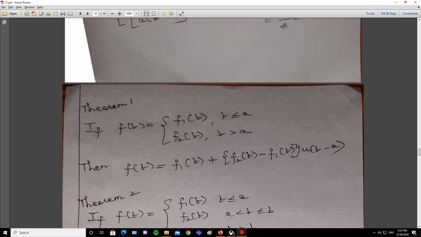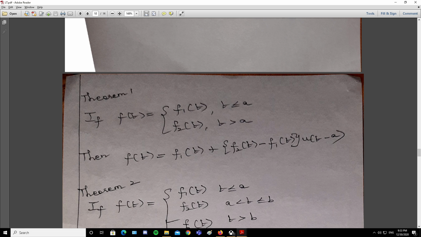Now next we have two theorems. If f of t is defined in two subintervals, f1 of t for t less than or equal to a, and f2 of t for t greater than a, then f of t can be expressed as f1 of t plus f2 minus f1 into u of t minus a.